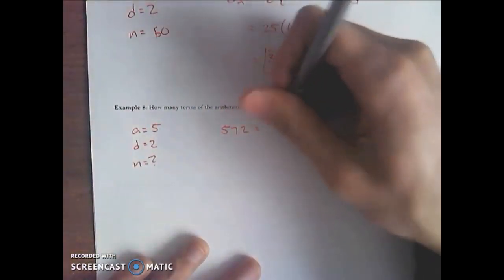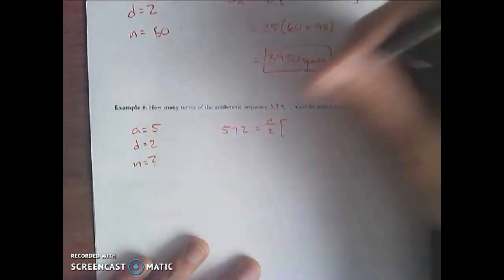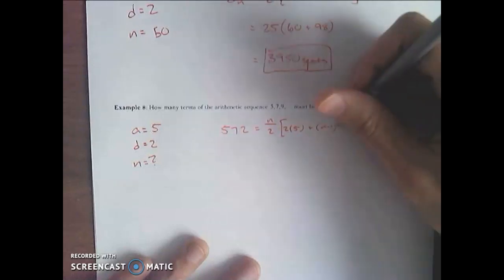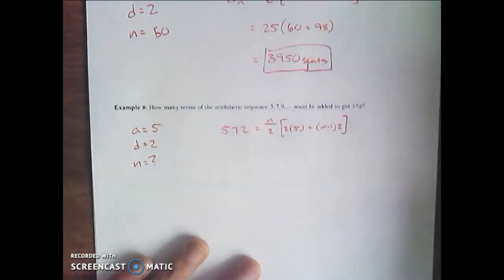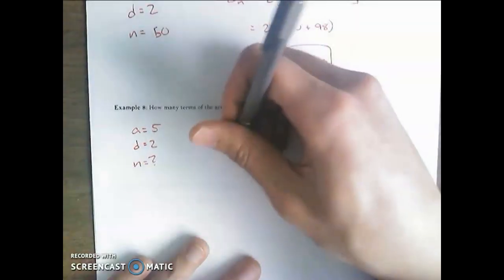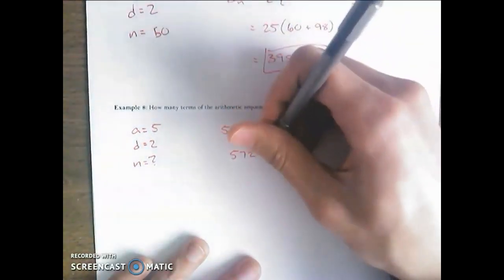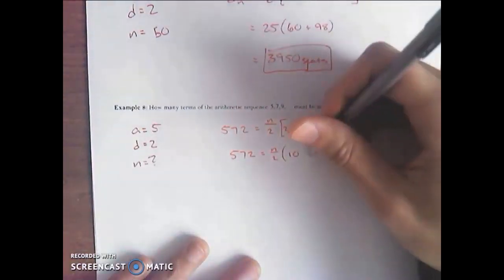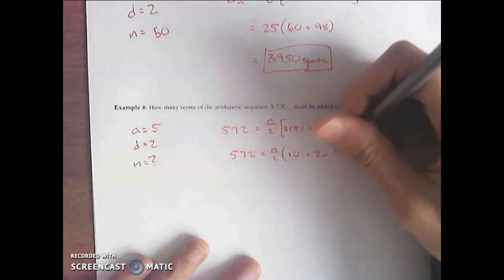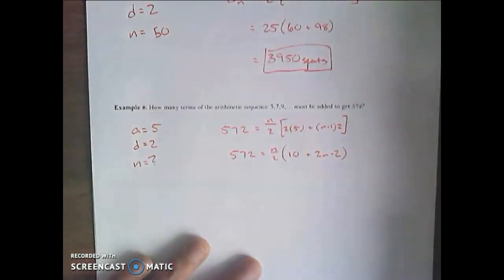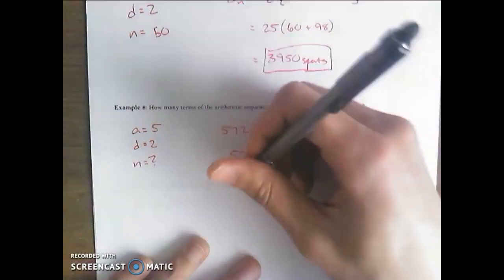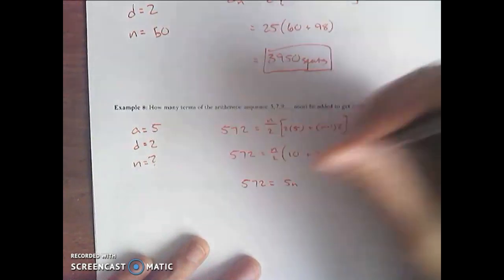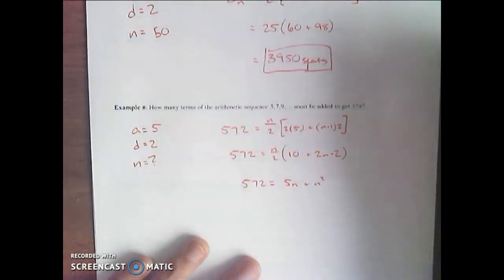So we have n over 2, we're solving for n, times 2 times a, plus n minus 1 times d. Okay, simplifying this, we have 572 is equal to n over 2 times, this would be 10 plus 2n minus 2. Distributing, we have 572 equals 5n plus n squared minus n.